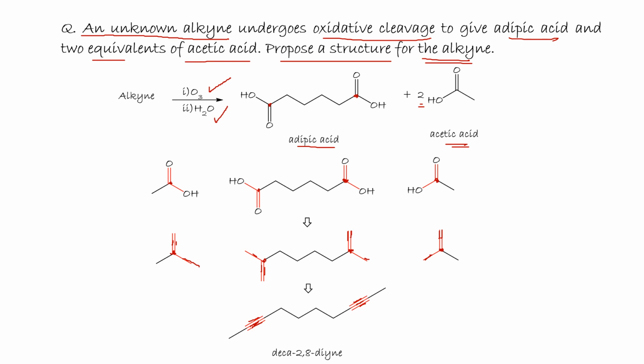Here we are, so the compound is deca-2,8-diyne. This is the compound. Okay, so if I cleave this, make this carboxylic acid, this is carboxylic acid, cleave that, this is carboxylic acid, this is carboxylic acid, we get these products.